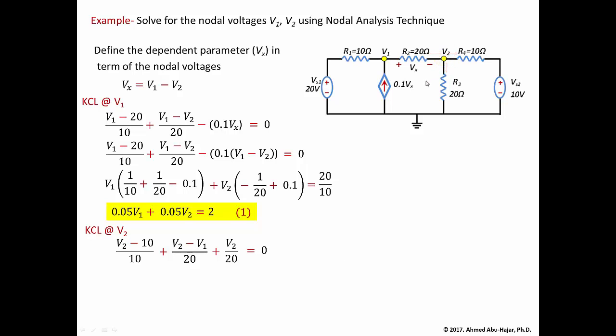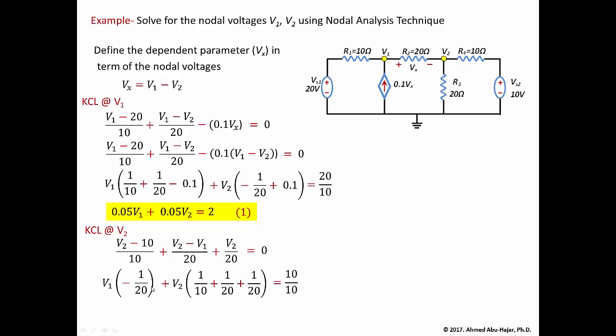And now we're going to group the terms. I only have one term for V1, which is negative 1/20. And then I'm going to add the V2 terms. For V2, I have 1/10, which is this term, plus 1/20, which is this term, plus 1/20, which is this term. And I'm going to take the negative 10/10 to the other side, so it will equal 10/10.